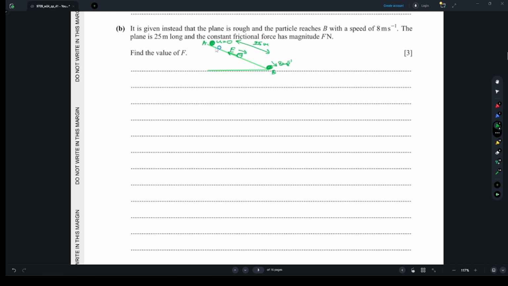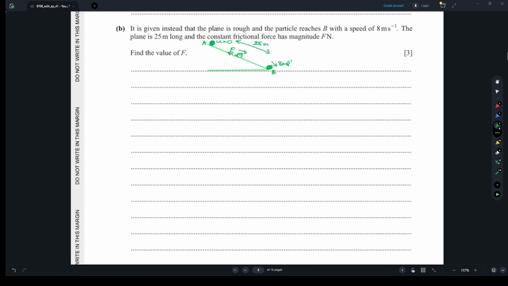Okay, so what happened now? When it is moving from A to B, the potential energy decreases, and when the potential energy decreases, the kinetic energy increases. Also, this particle should do some work against the friction.